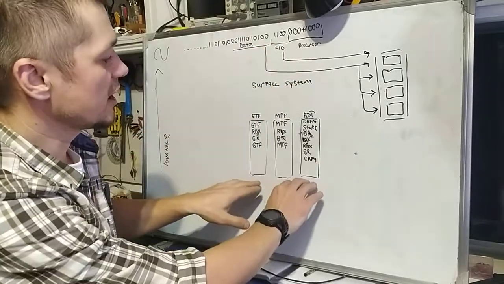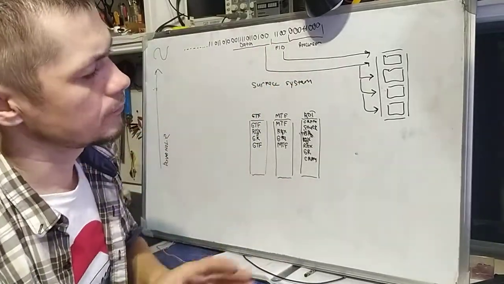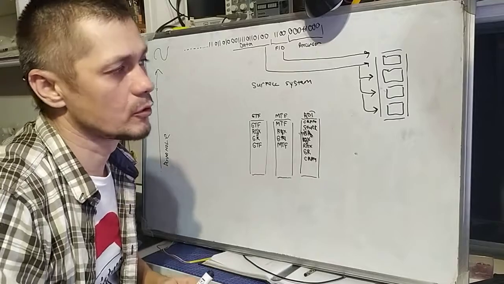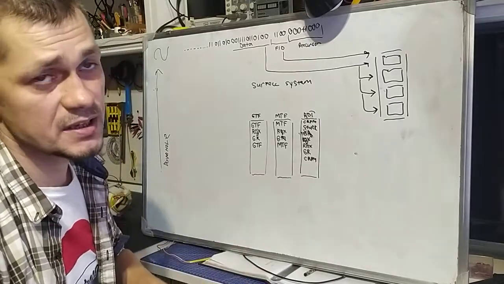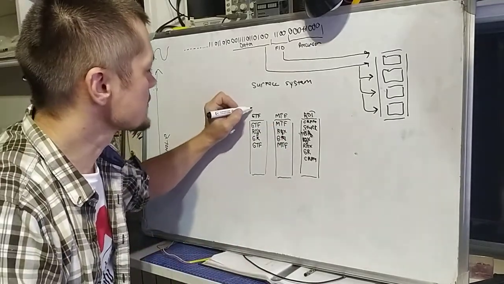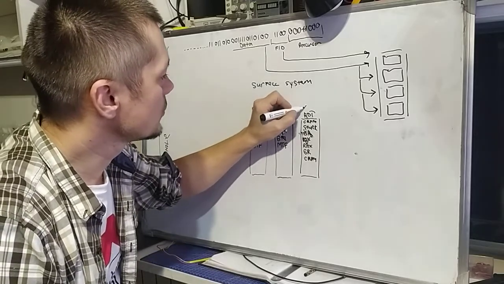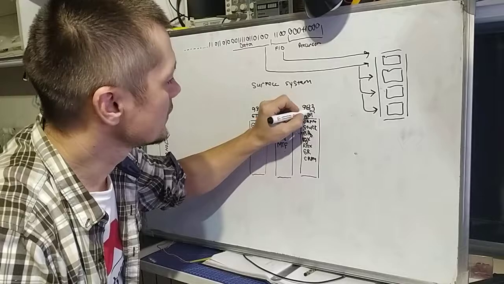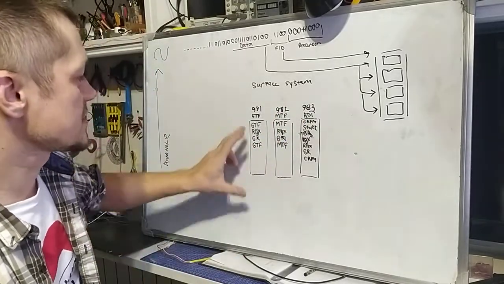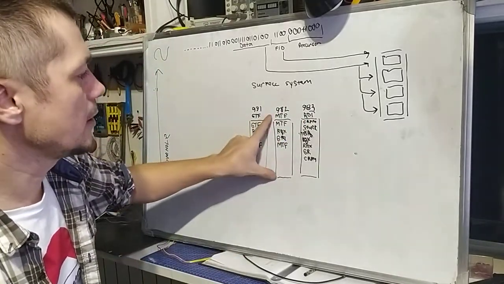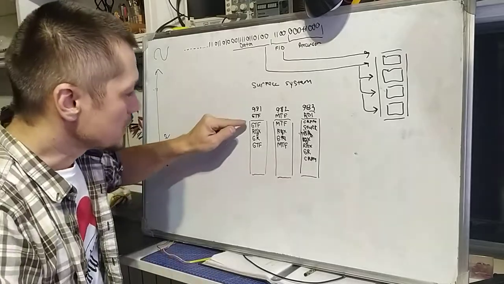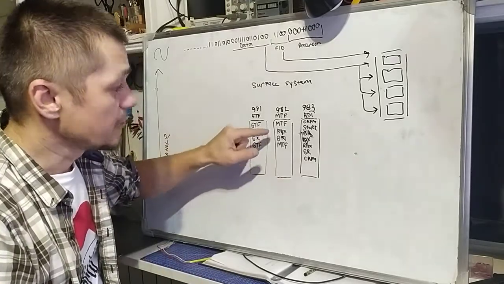As we know, the frame can be different. In different MWD systems or surface systems between companies, the names of the frames can be different. For example, 1982, 983, let's call them like this. So this is a GTF frame, an MTF frame, and rotary. The data points inside the frame can be different.